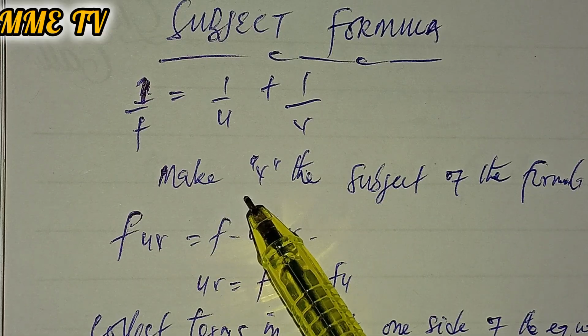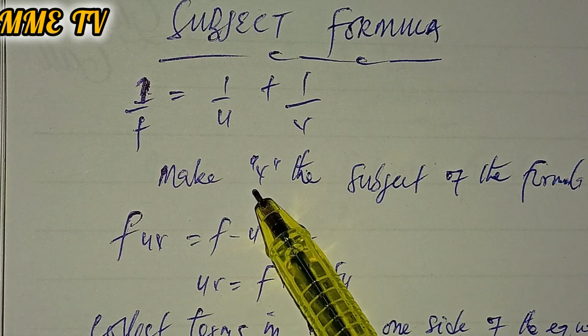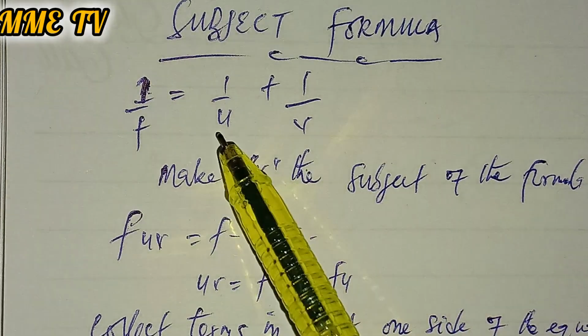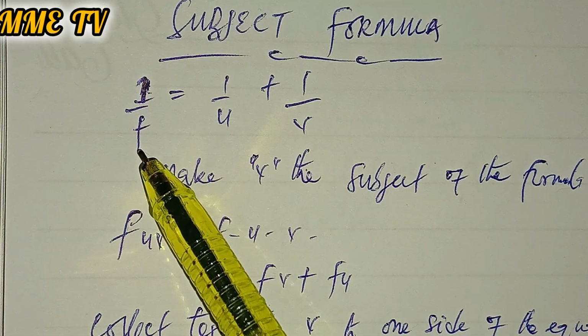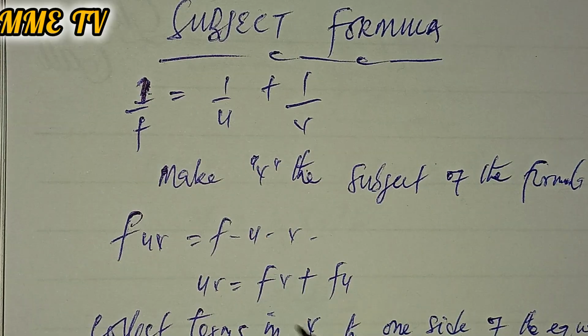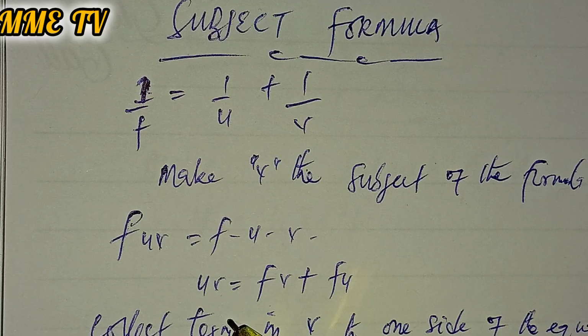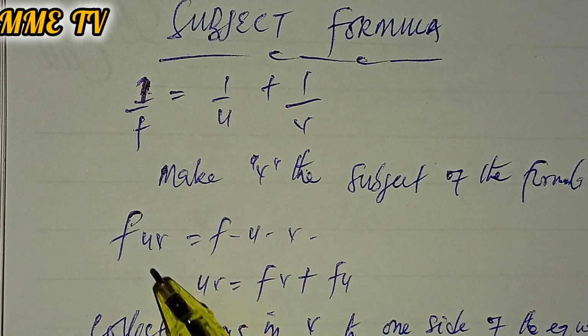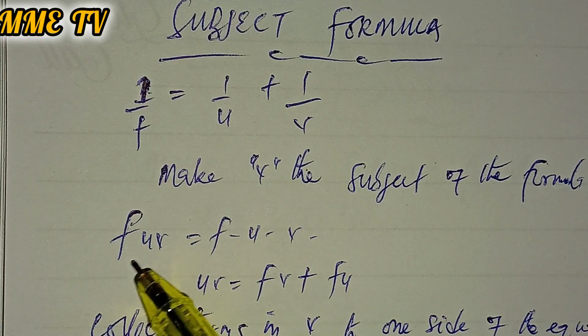Because what we are asked to do here is to make v the subject formula, not u nor f. You understand what I'm saying? So therefore, we will now find the LCM, which is FUV.